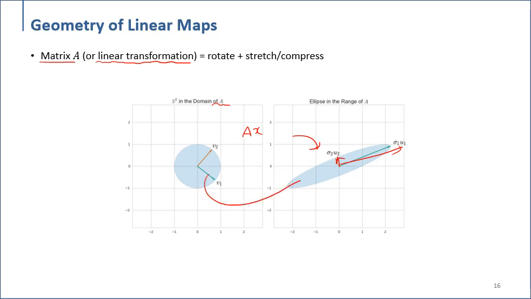By multiplying the v1 vector by the matrix, the result is Av1, which is equal to sigma 1 u1. And when you multiply the v2 vector by matrix A, the result Av2 is equal to sigma 2 u2. So from that, we can understand that the matrix A is just a linear transformation, made of the two steps of rotation and stretch or compress.